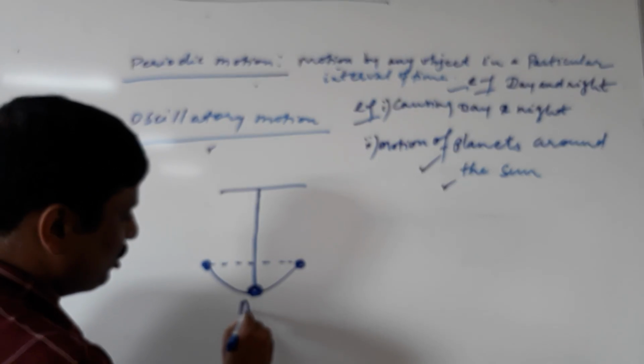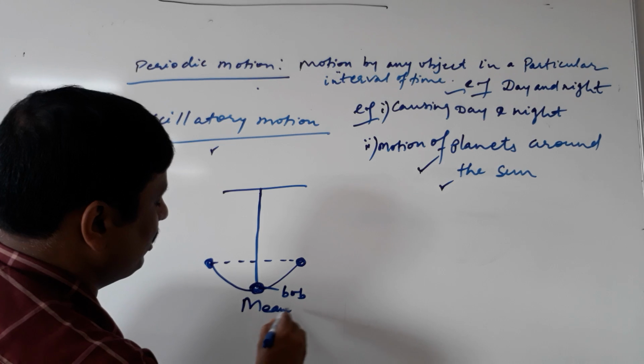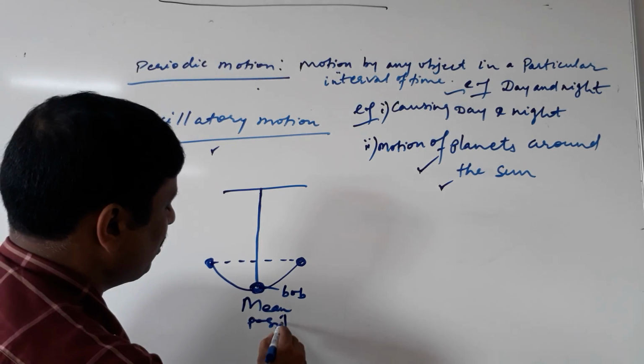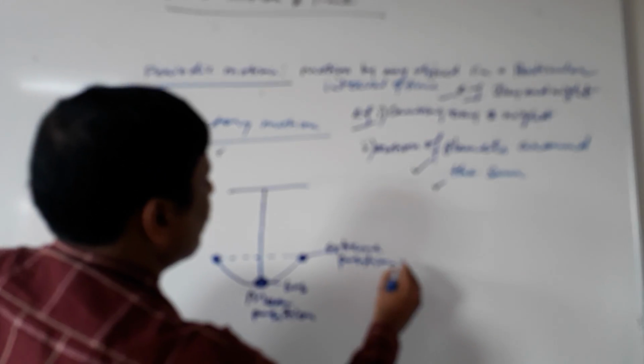This is the mean position of the bob, and here are the extreme positions.